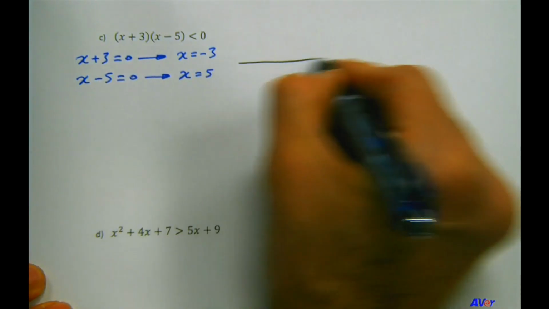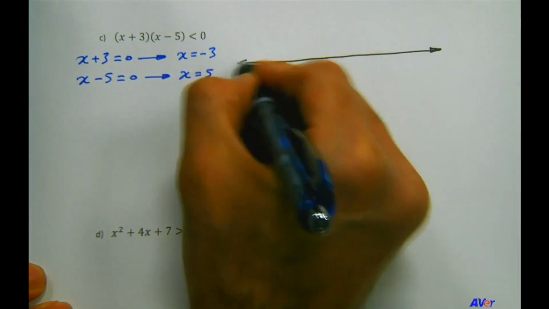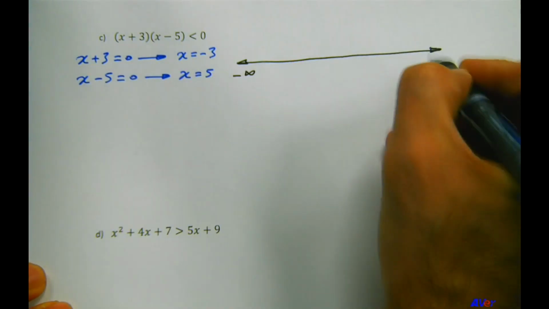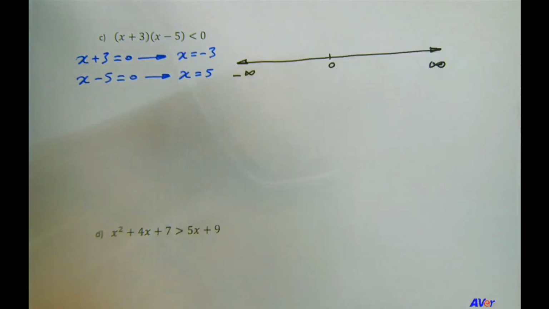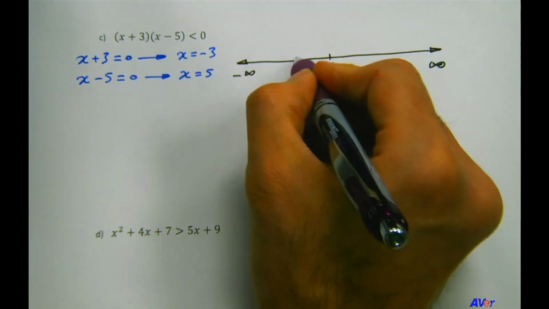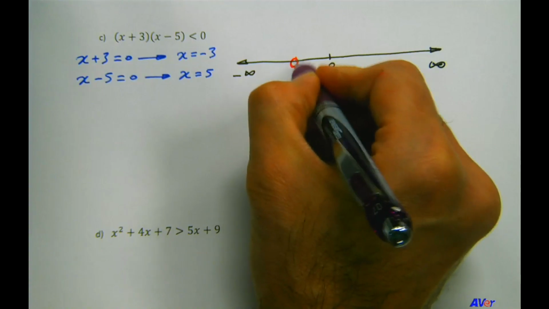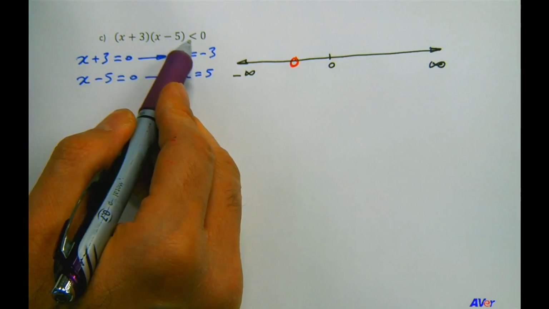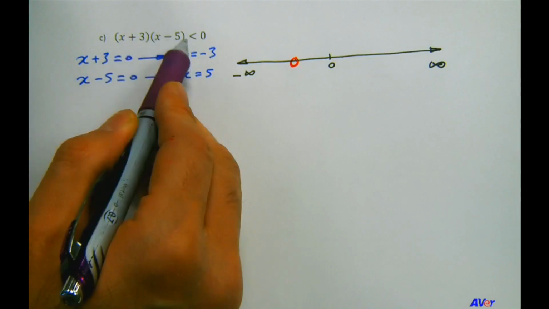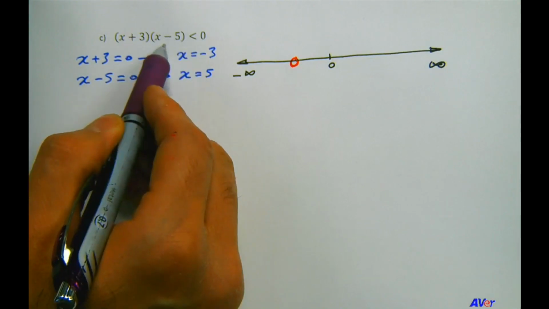And then here is the graph for us to look at. Negative 3 would be somewhere here. I'm going to put a hollow circle. Notice that this is a strict inequality, so the left side cannot be equal to 0.